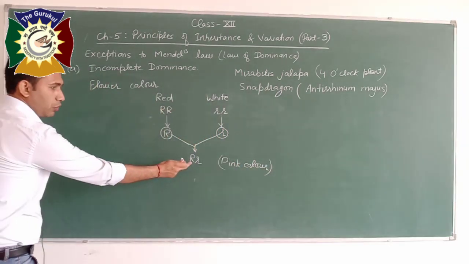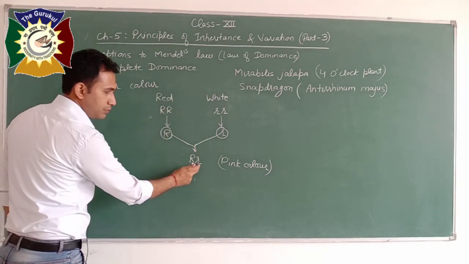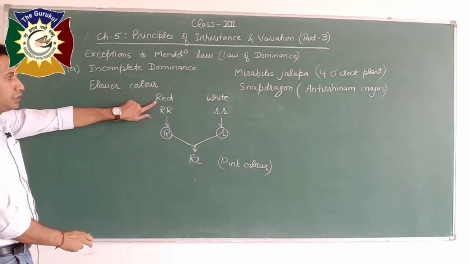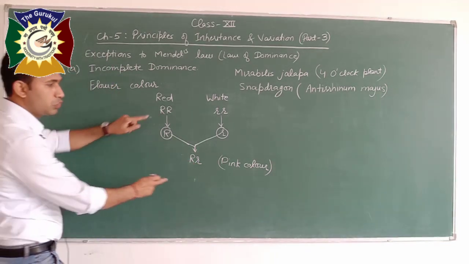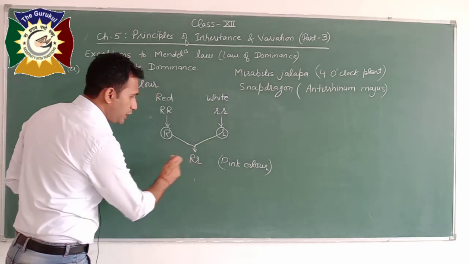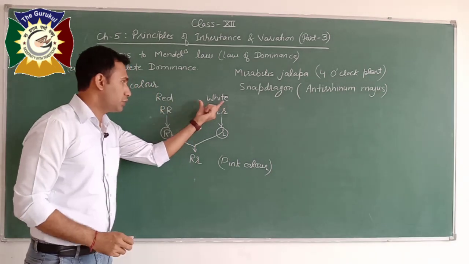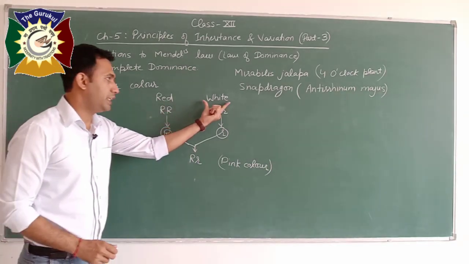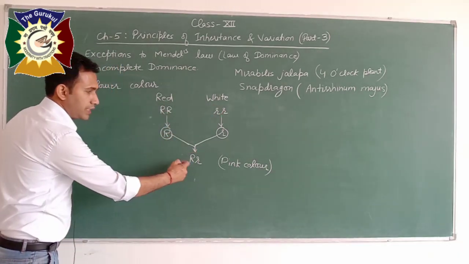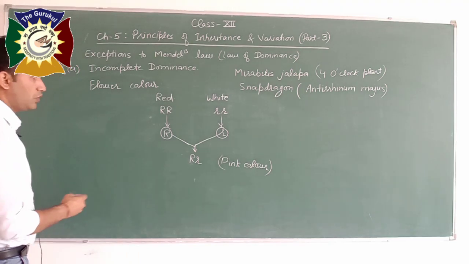So the genotype of F1 is capital R, small r. Instead of showing a red color due to dominance of R, it will show pink color. So pink color is just intermediate to both the parents.